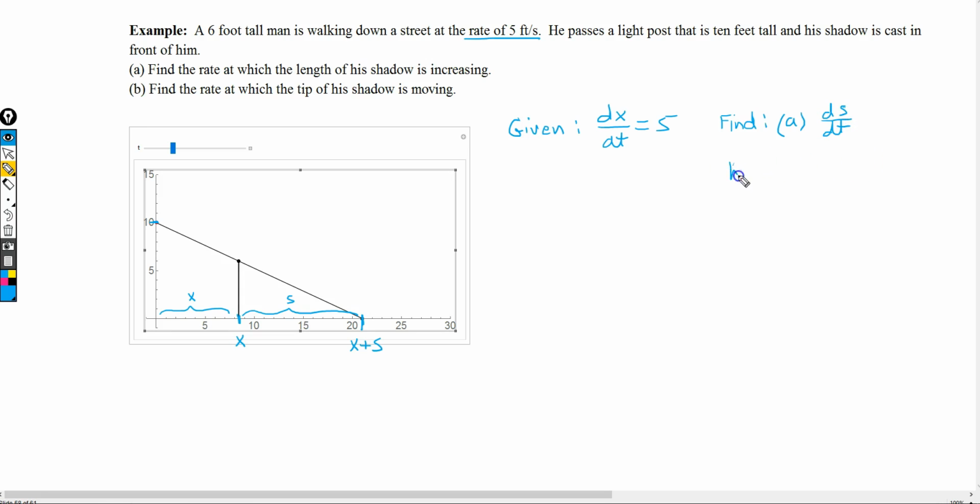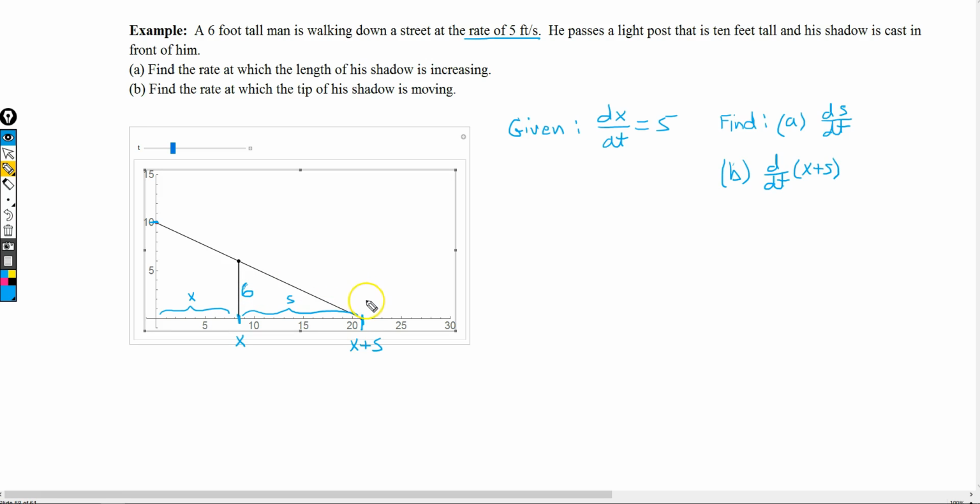And for part B, we want to find the rate at which the tip of the shadow is moving. This tip is located at position X plus S, so we want to find d/dt of X plus S. All right, so that's all our information here. The only thing I forgot to label in our diagram was that the man is 6 feet tall, so let's label this as 6 right there.